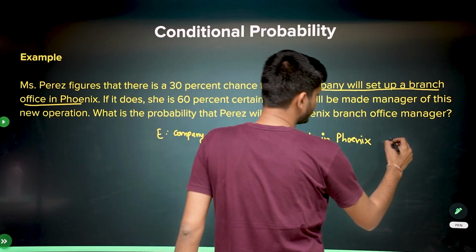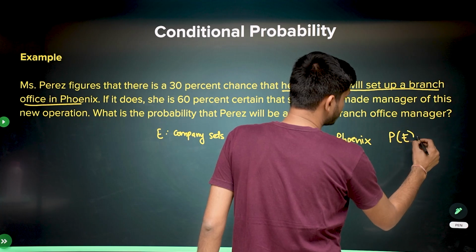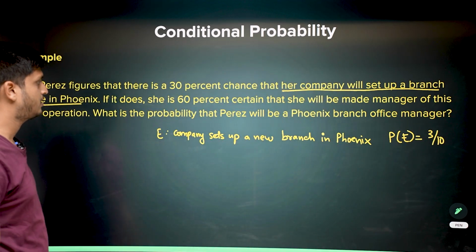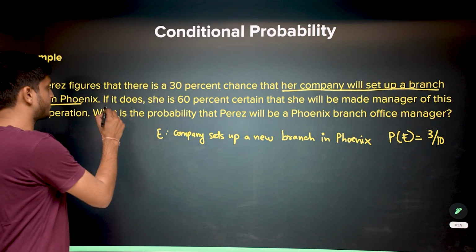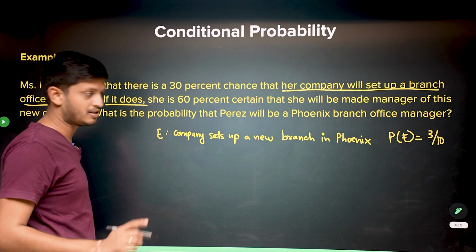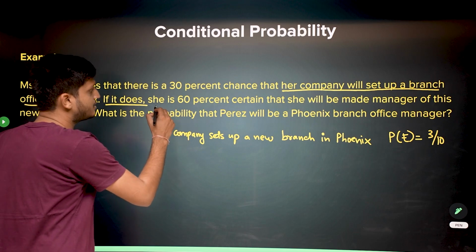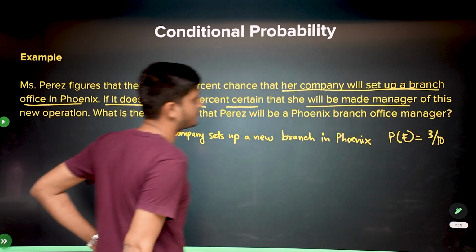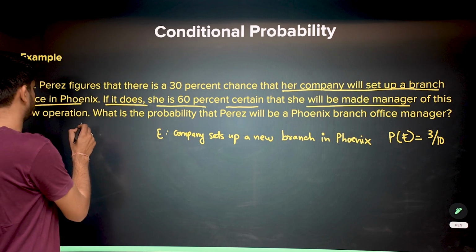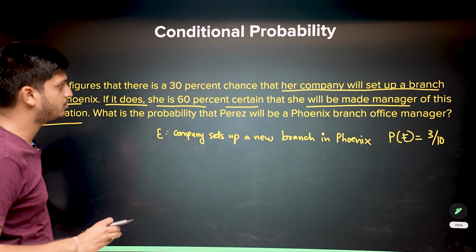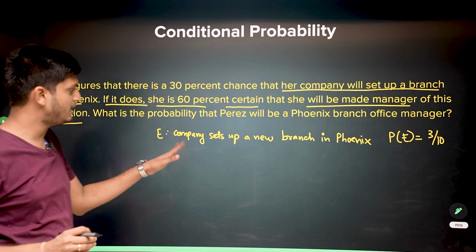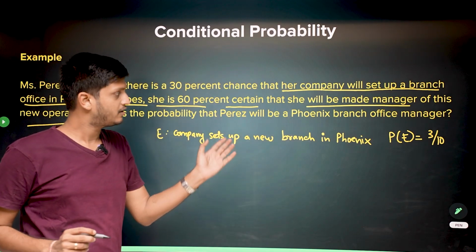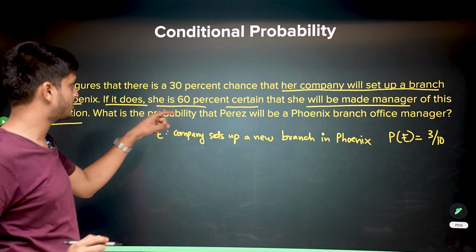Okay, and it is given that probability of this event is 30%. If it sets up a new branch, she is 60% certain that she will be made a manager of this branch. So it is like, if E happens, then probability of her being a manager is given to be 60%.